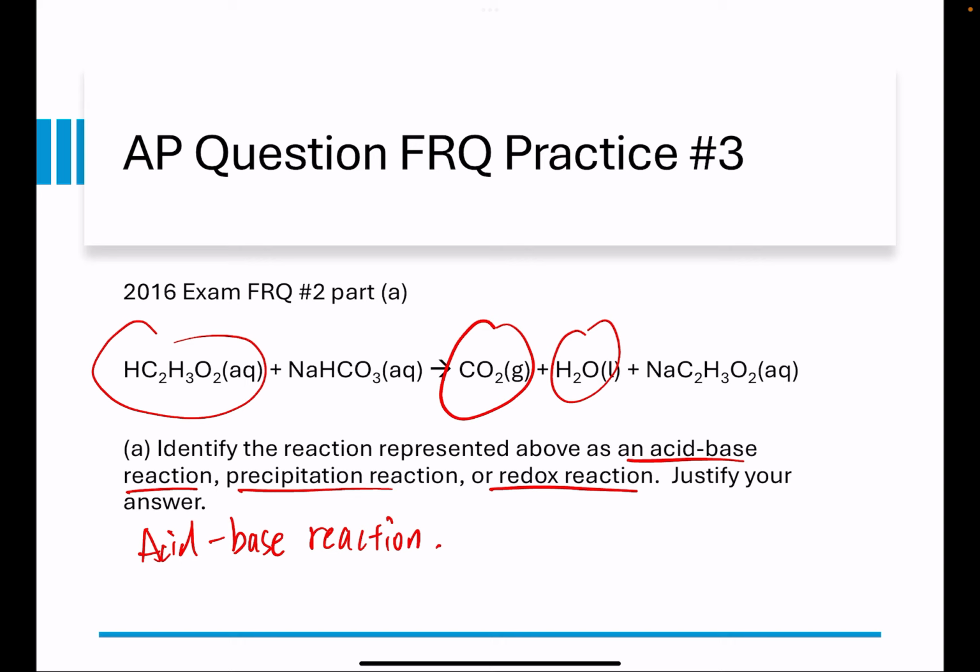So what would I say? Let me start with the weak acid. So our ethanoic acid, or our vinegar, is gonna be our weak acid, and then we do have our weak base.